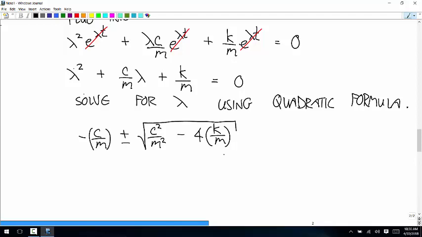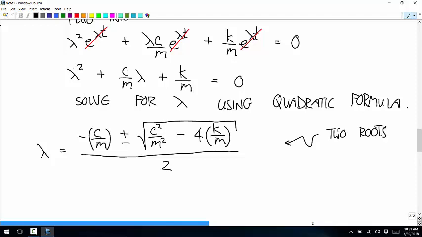And this is all in a square root, all over 2. So those are our two roots for lambda. I'll call those lambda 1 and lambda 2.